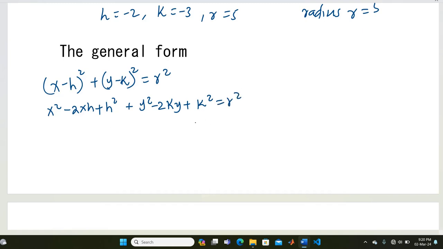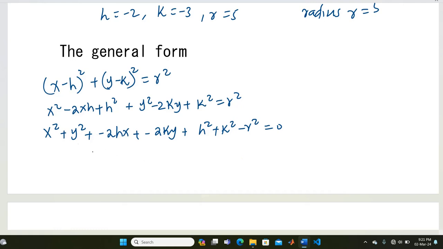Now, what if we bring this r to this side and arrange like terms together? We will have x squared plus y squared, then minus 2hx minus 2ky, then plus h squared plus k squared minus r squared is equal to 0.